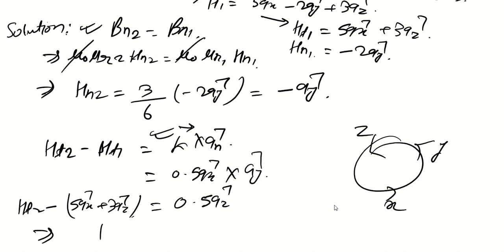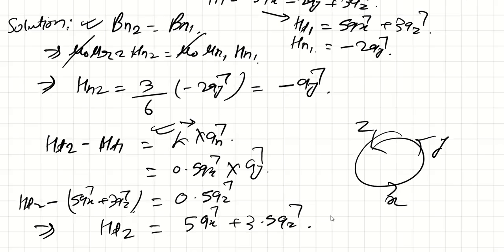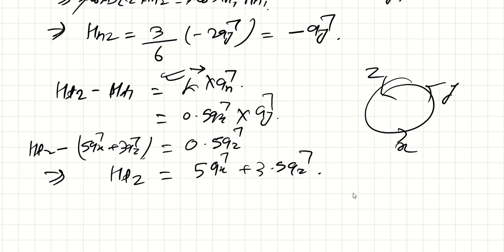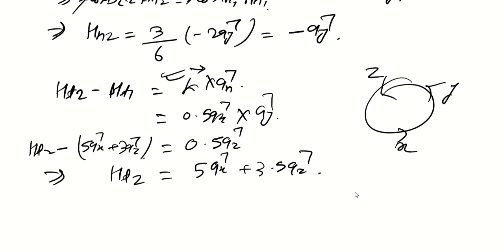So Ht2 will be equal to, taking this term to the other side, plus 5Ax cap and plus 3Az plus 0.5Az, so plus 3.5Az. Understood? So we are going to get plus 3.5Az. As you can see, Ht2 is in terms of Ax and Az components, so that is also correct. So we have found Ht2 as well as Hn2.